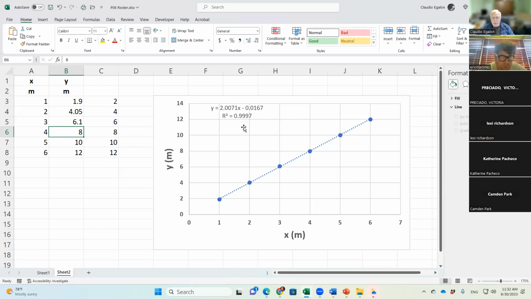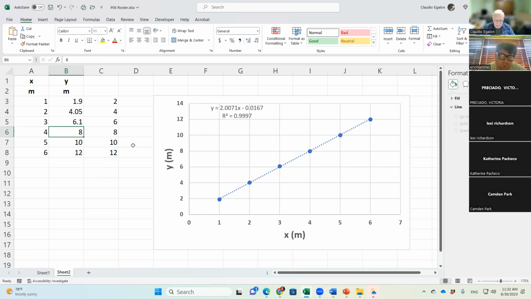You can see that the R squared changed from 0.9999 to 0.9997. You got a worse fit than what you had before. It's worse compared to the previous one, but it's still a good fit because it's very close to 1.